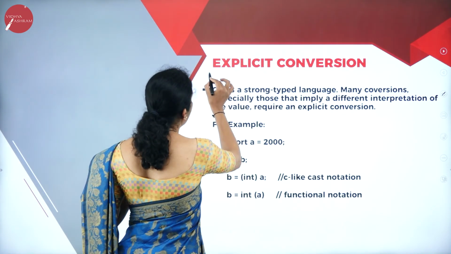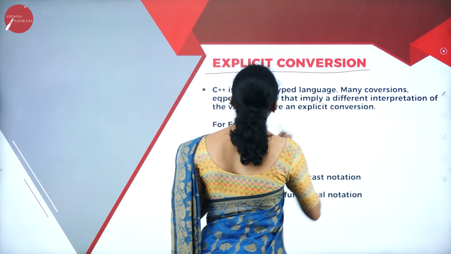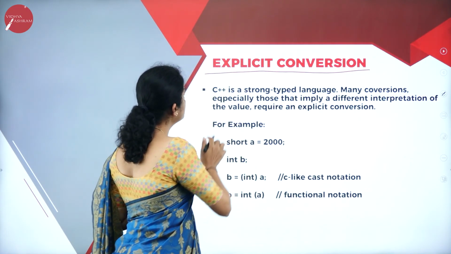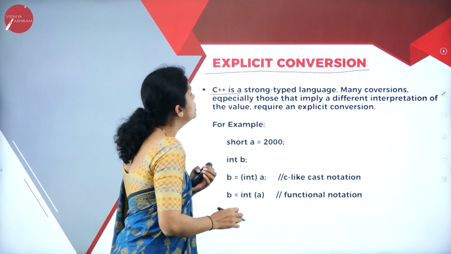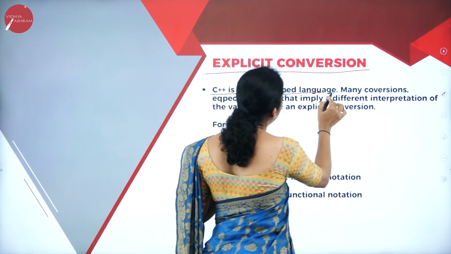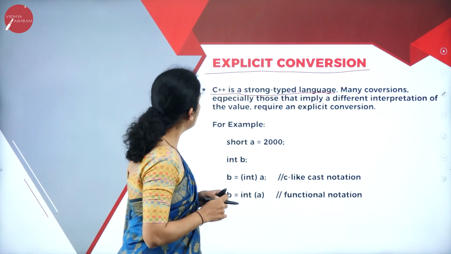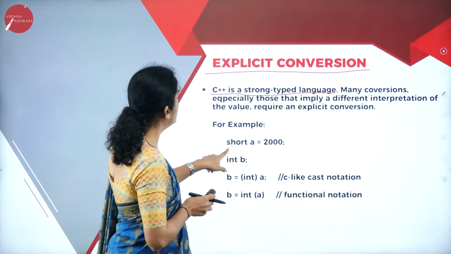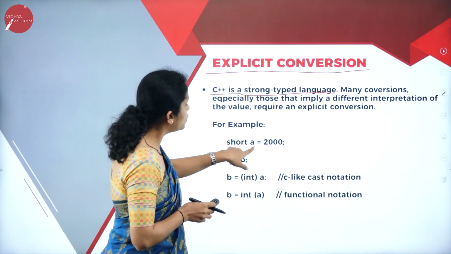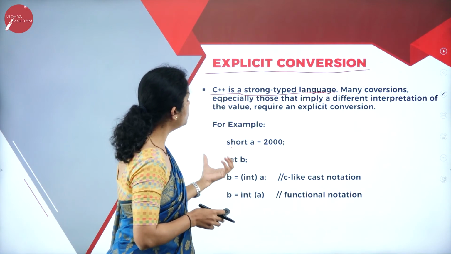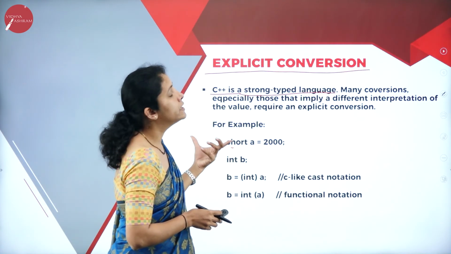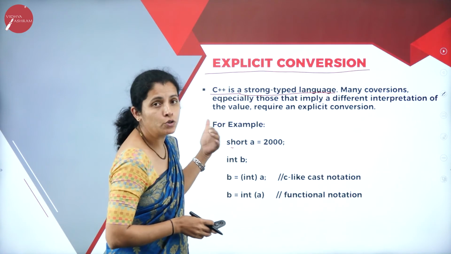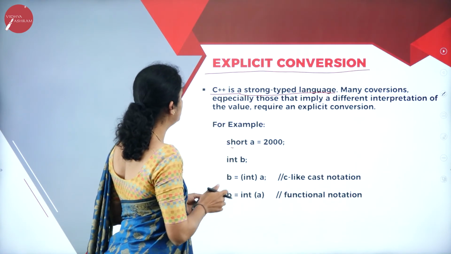Then I'm going to have explicit type conversion. Here C++ is a strongly typed programming language, so it does not convert many types so easily. So here I'm going to have short. Now I'm going to convert this one directly. That means I'm going to specify the type conversion.